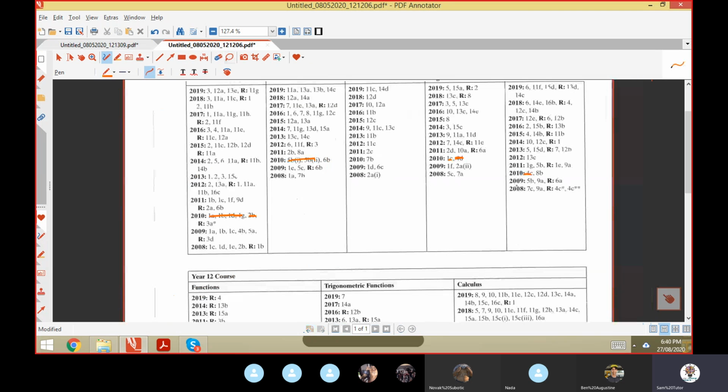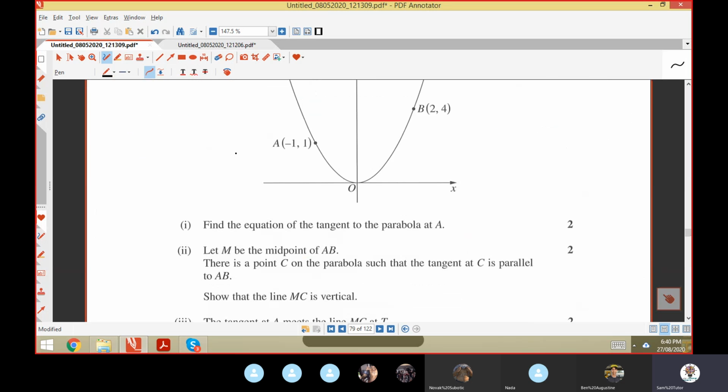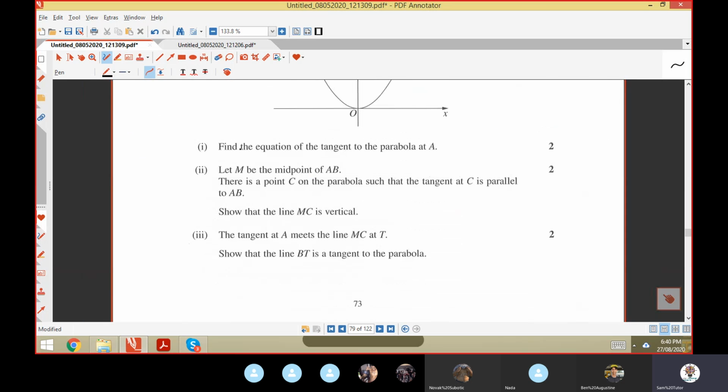Where are we up to? It's starting to get to the hard ones now. 8B, 7B, we just did 6B, and replacement question. All right, so 8B and 7B I think it was, right? 8B and 7B, let's do it. 7B, oh, yes.